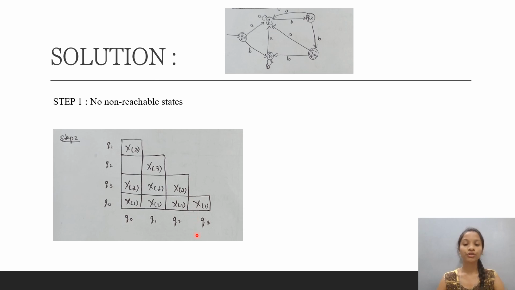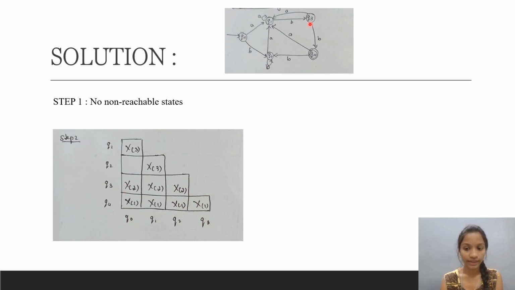Now how do we mark? We check against the question. Now we have to check whether Q0, Q1 is a final state pair. Q0, Q1 is not a final pair, so we will not mark anything. Then check Q0, Q2. It is not a final pair. Again Q0, Q3.